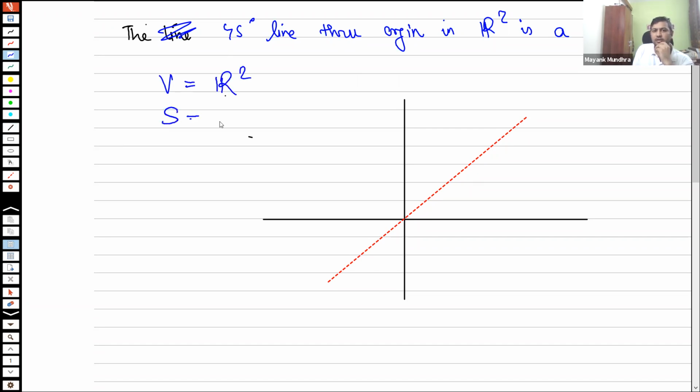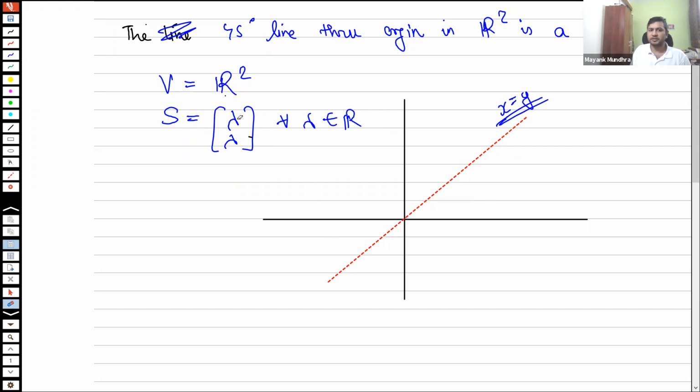My subspace is all vectors of the format lambda comma lambda, since the 45-degree line's equation is x equals y.